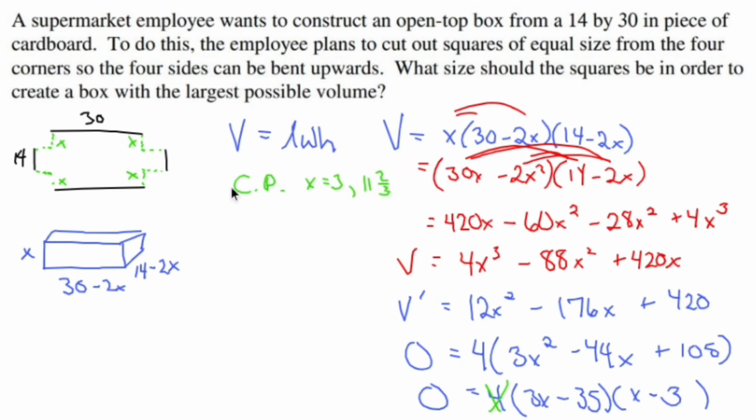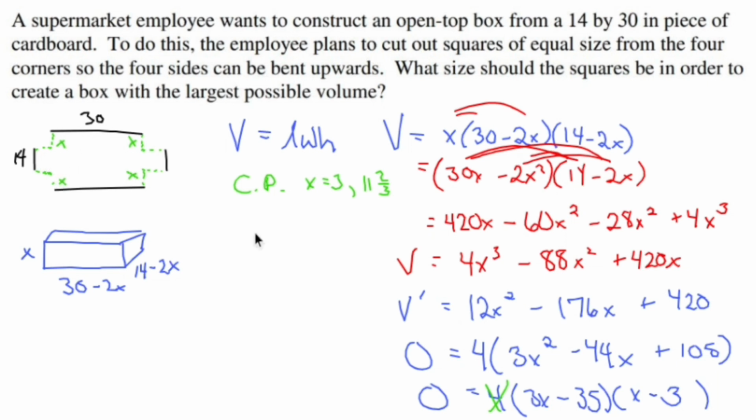But since this is a maximization problem, I'm bound by real life endpoints. So this is more like the absolute maximum and minimum where I have an interval to deal with. If I'm cutting x's out, I can't cut any more than 7.